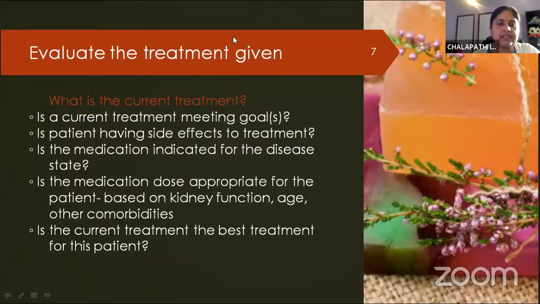Once the doctors diagnose, they give the treatment and start the patients on it. What is our role here? We have to see what kind of treatment the patient is getting, what medications are being prescribed, whether the dose is appropriate, whether it is evidence based, and what other conditions the patient has.